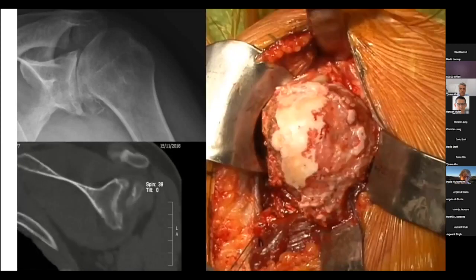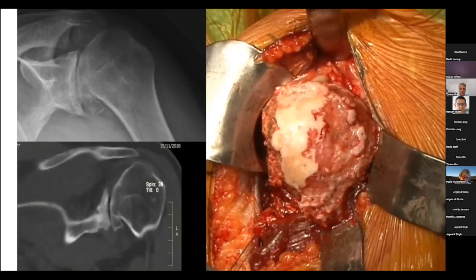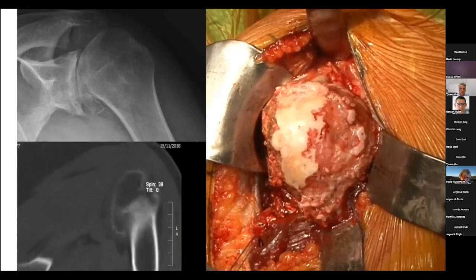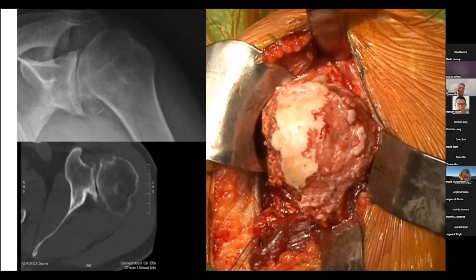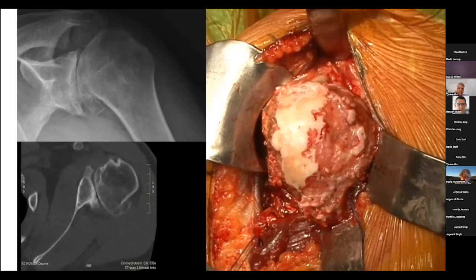Also, on the humeral side, the humeral deformity can be a big challenge when using just simple standard X-ray or CT scans and standard instrumentation.